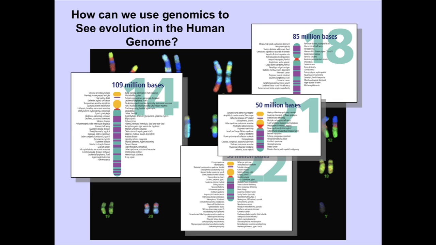So how can we use genomics to see evolution in the human genome? As I mentioned, humans have 46 chromosomes. And here are some of the bases that make up those different chromosomes. Chromosome 14 is 109 million bases, chromosome 18 has 85 million bases, and it's that variation that is considered significant.